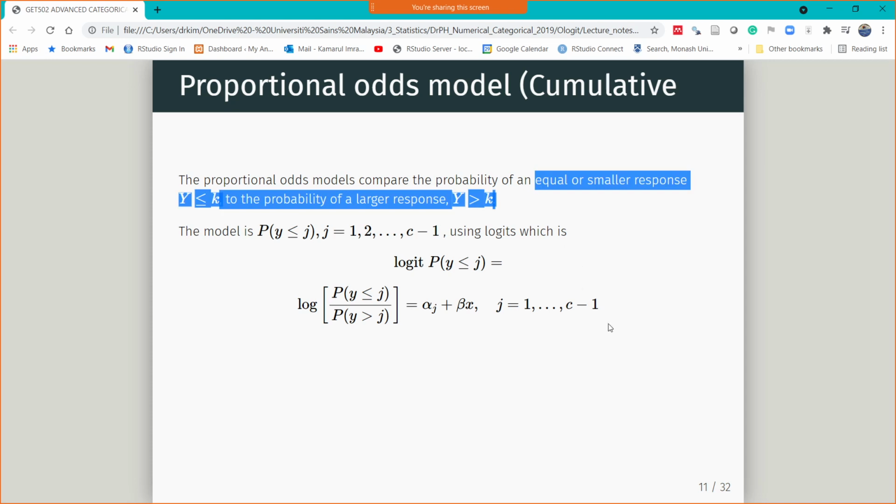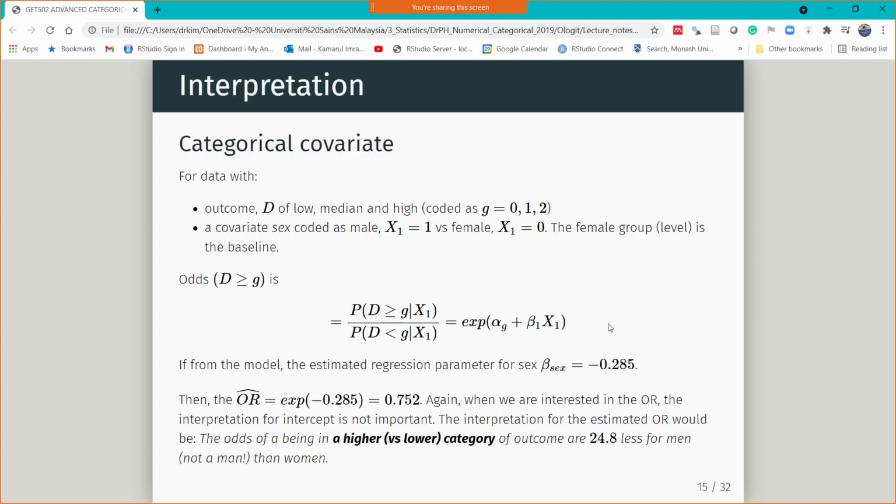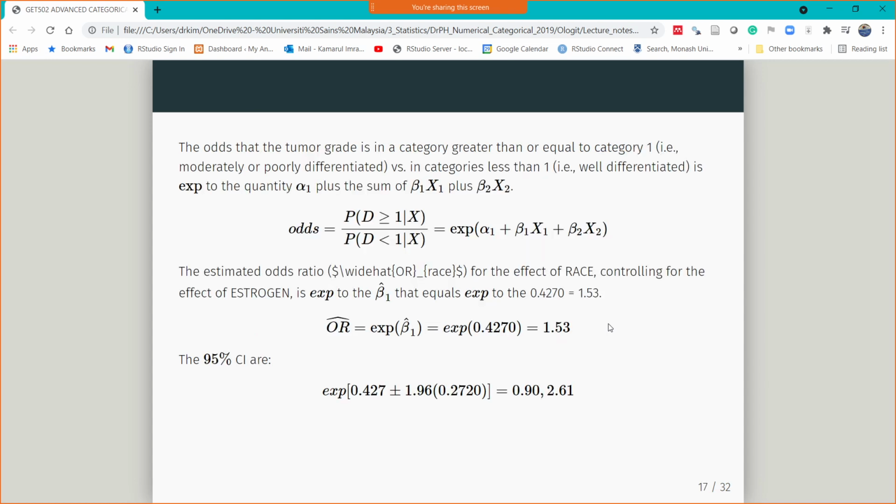Okay, so different approaches by these two groups of people. So because of that, be careful when you use the software. Understand which model they are using, so that your interpretation will make sense. If not, it will be 180 degrees different.